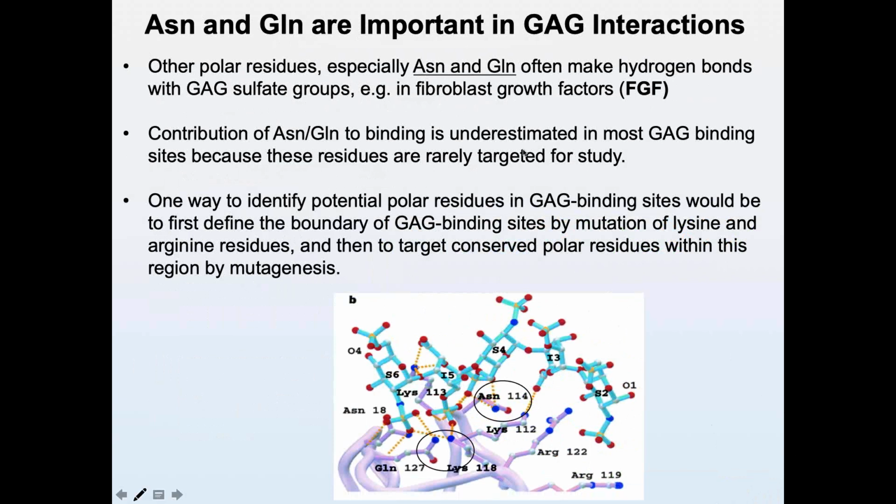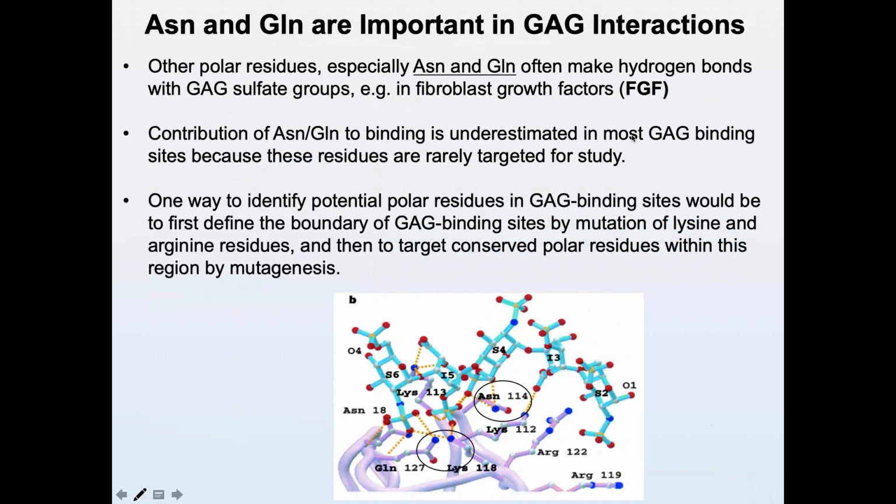Now, unlike histidine and arginine and lysine, which have been studied extensively, these interactions were overlooked, and it's not until recently that people began to realize that they also contribute significantly to the GAG binding. So if you start making site mutations, you realize that these amino acids also contribute significantly to the binding.